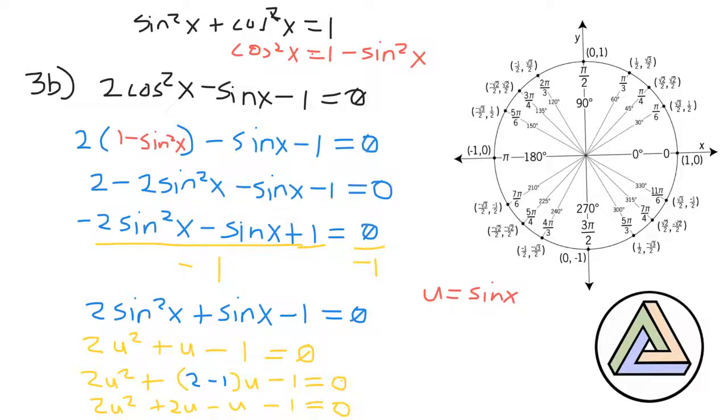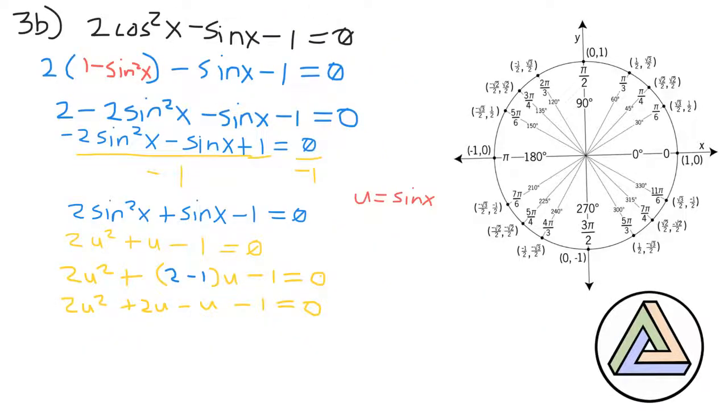And now I am perfectly set up to do factoring by grouping. If I'm going to do factoring by grouping, I'm going to want to pay attention to one pair of terms at a time. Focusing here and only here, what is the greatest common factor of these? Well, that would be 2u. I feel like this is very similar to the last problem. So that would be u plus 1 in there.